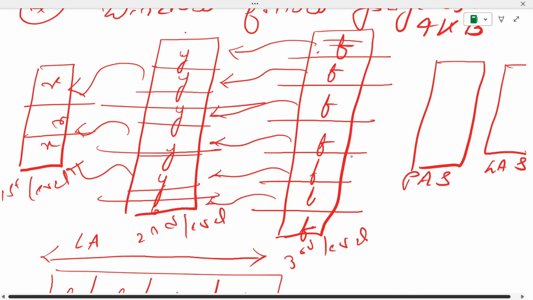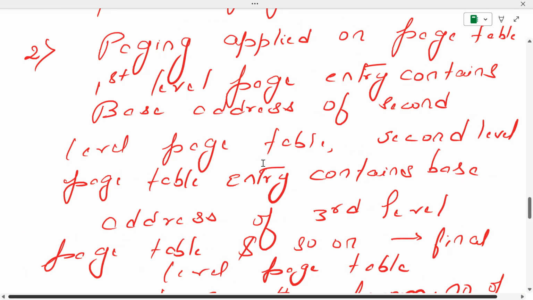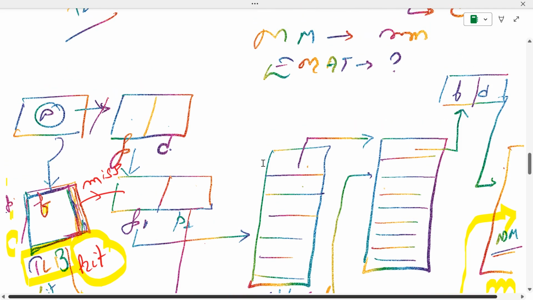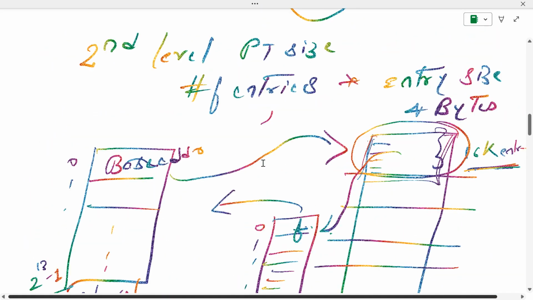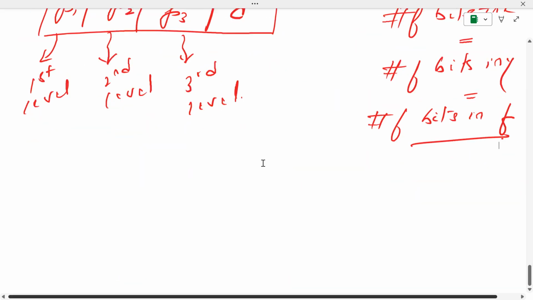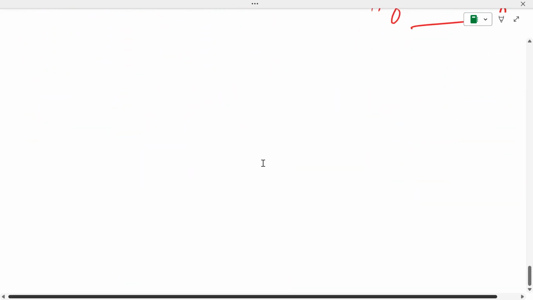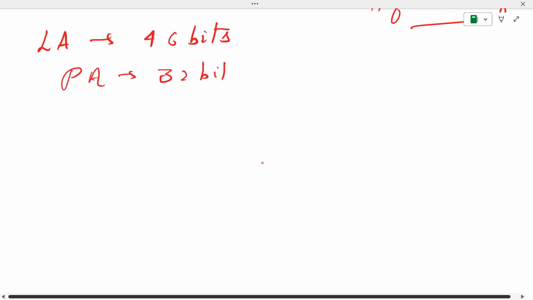One of the important things here is that we already have discussed all three types of paging. Now the question comes: let's say there is a system. Okay, let's consider this question as a part of the series only. So let's say we have a system with a logical address given as 46 bits, and then we have the physical address which is given as 32 bits, and memory is definitely byte addressable.